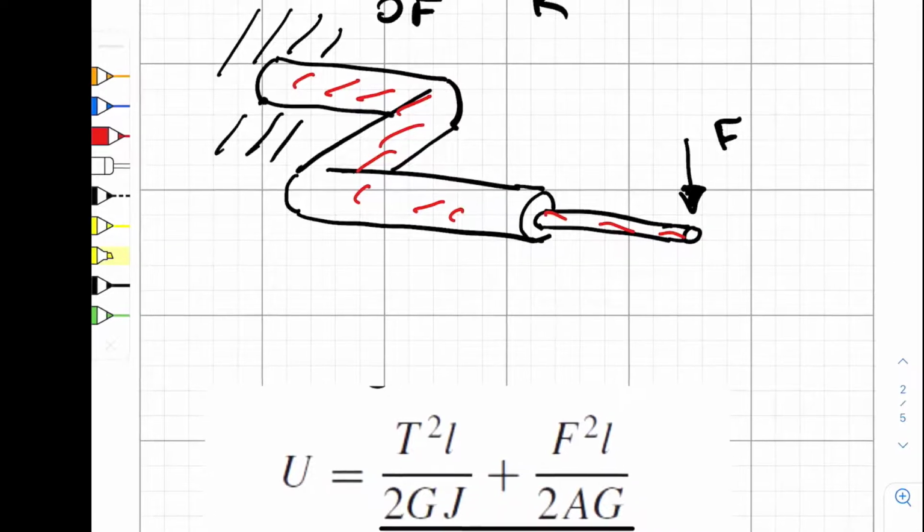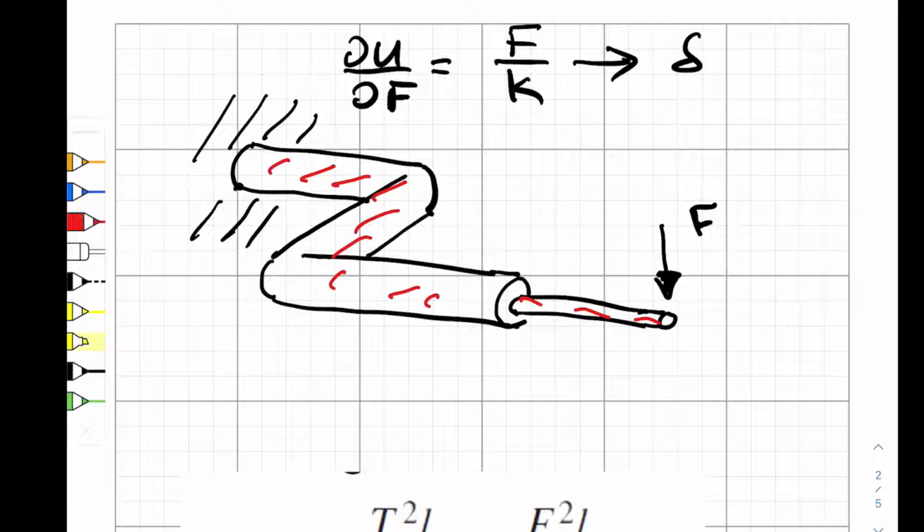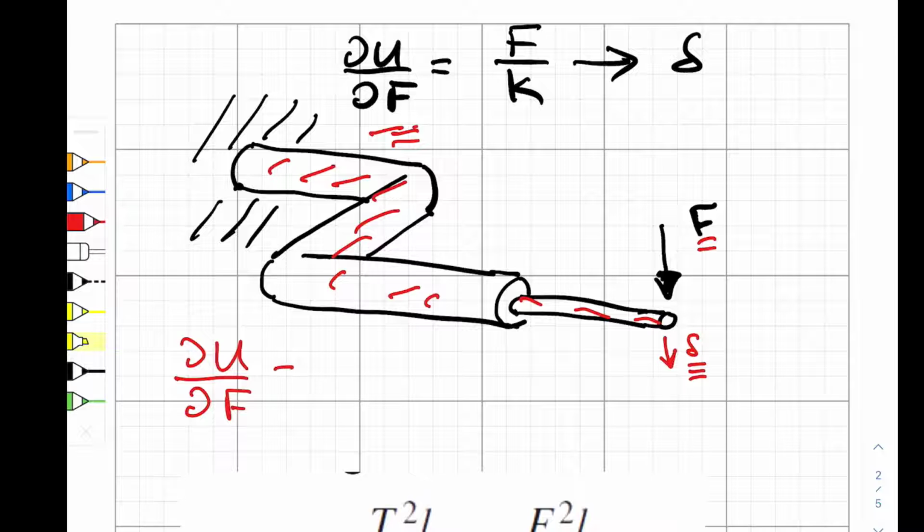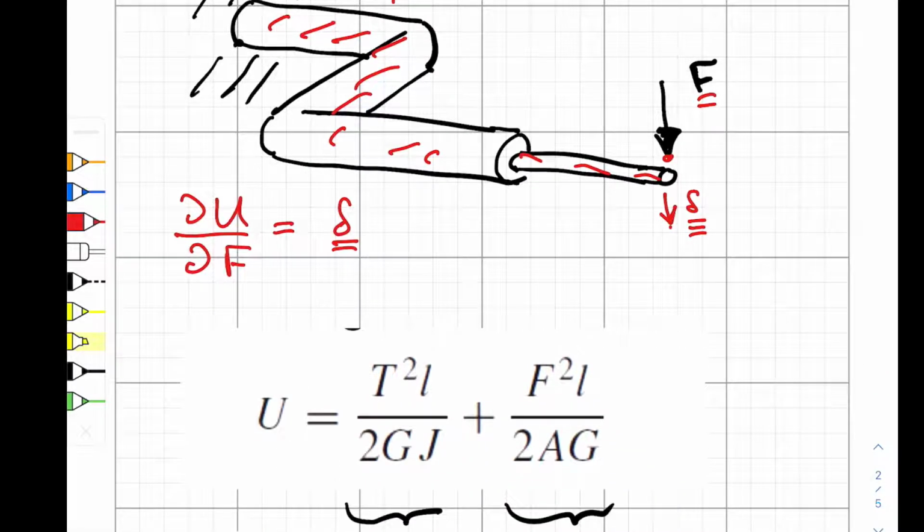Castigliano said that if you could find that elastic strain energy and take the partial derivative of that elastic strain energy with respect to the force F, then you could get the displacement in the direction of the force F. So the partial of the stored elastic strain energy with respect to the applied load for an elastic body gives you the displacement under the load in the direction of the load. So that's something that we're going to want for a coil spring.